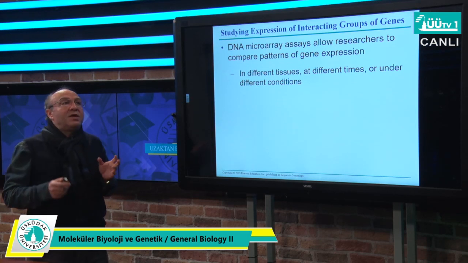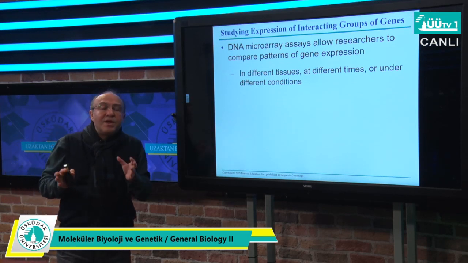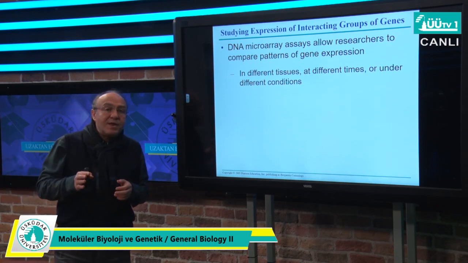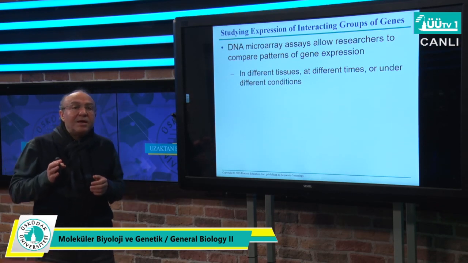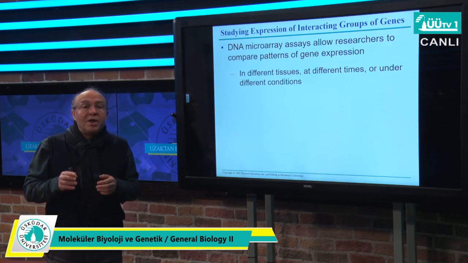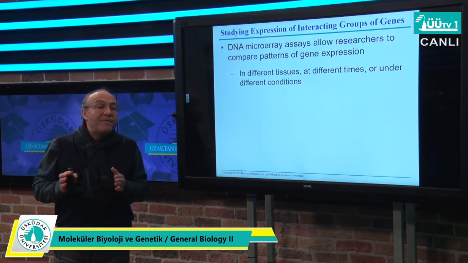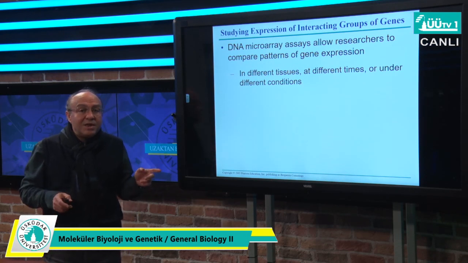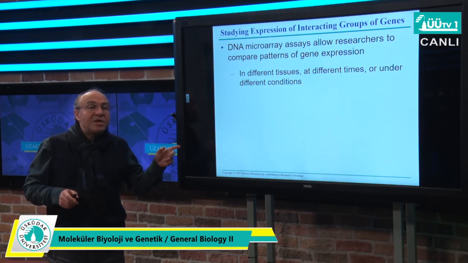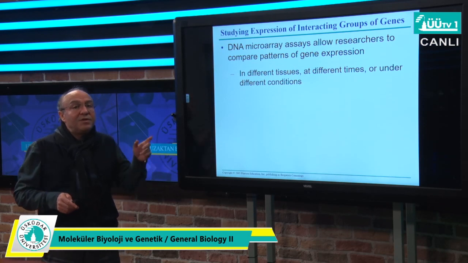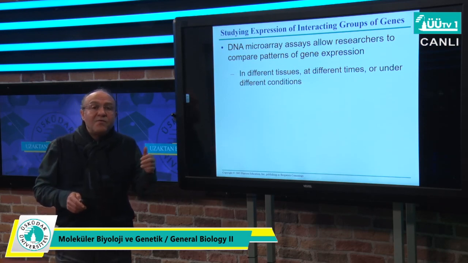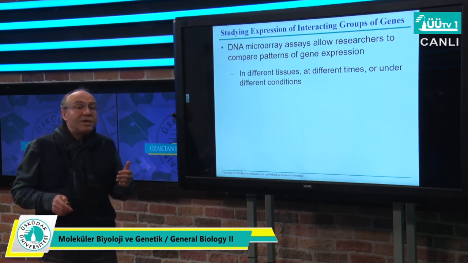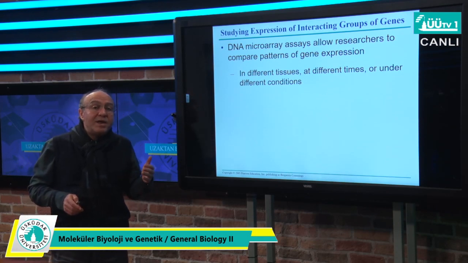We now have 22,000 genes, but if you think about our leukocytes, they have the ability to produce over 10 to the power of 10 different antibodies from those 22,000 genes. The functioning of the genes is very important, and we have to understand which genes are responsible for which kind of proteins or which kind of RNAs.